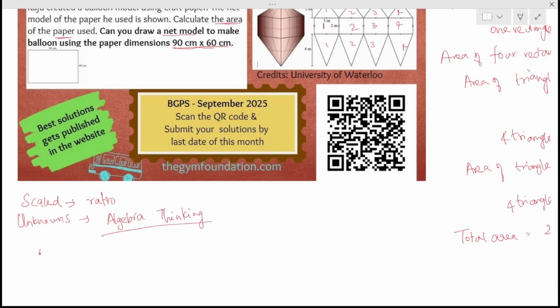It means you should first identify the unknowns, then assign variables to the unknowns, and then make relations between the unknowns and find a common understanding which will help you approach the problem.